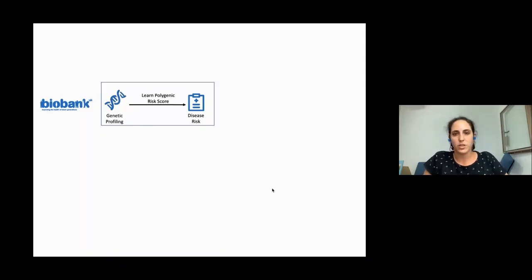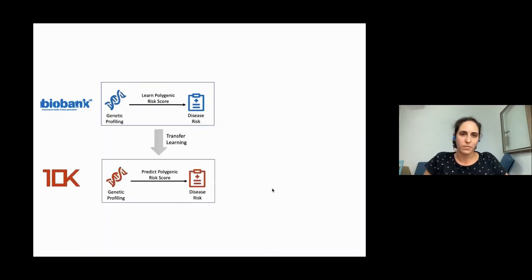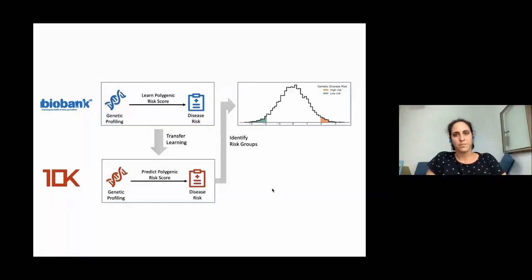polygenic risk scores, which imply a disease risk for each individual given their genetic information. We transfer this information to our own healthy cohort, and using the genetic profiling, we predict the polygenic risk score for each individual, giving them a disease risk for whichever disease they might develop in the future.